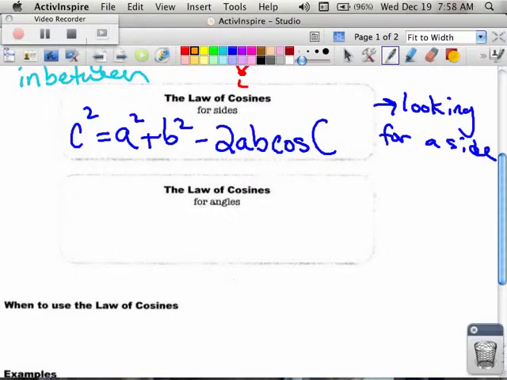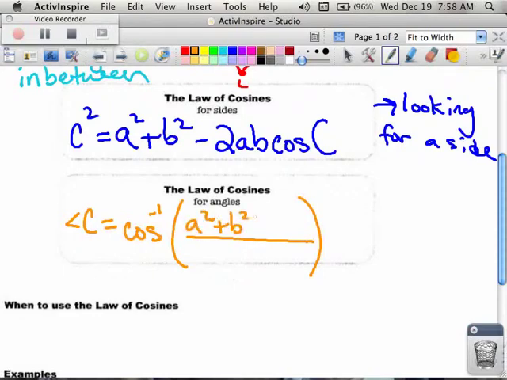And if you wanted to memorize another equation, which I don't particularly like doing, but if you wanted to, and you rearrange this dark blue equation, what you would see is that angle C will be equal to the cosine inverse of a big long fraction: a squared plus b squared minus c squared, all over 2 times a times b.